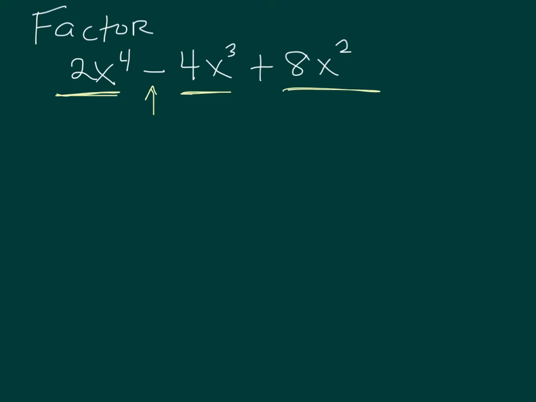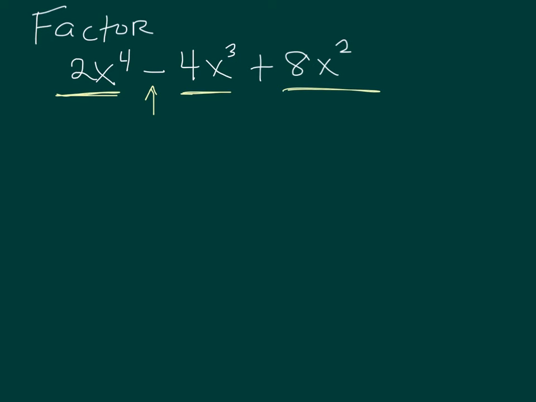When I'm looking at variables, the cool thing about variables is that they're already in their prime factored form. It's the coefficients that I need to break down into their prime factors. So 2x to the 4th is already in its prime form. X to the 3rd here, I can't break down. It's in its prime form. It's the 2 that I need to break down.